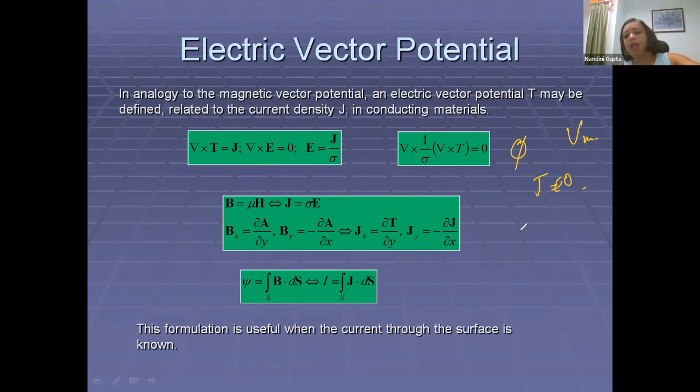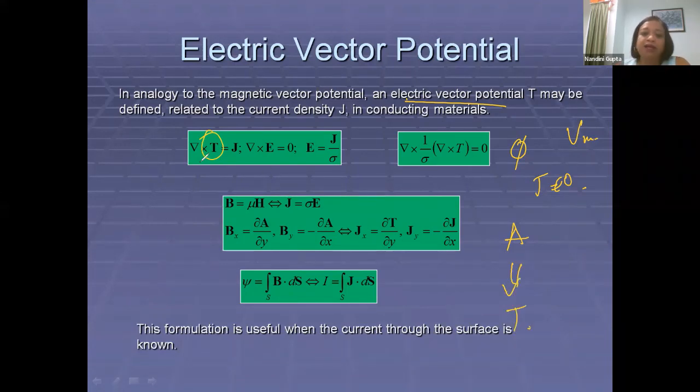Now, ordinarily for magnetic fields, you have the magnetic vector potential. Now, for the sake of analogy, we can also think of an electric vector potential T, just like A. This T is such that curl of T is equal to J.